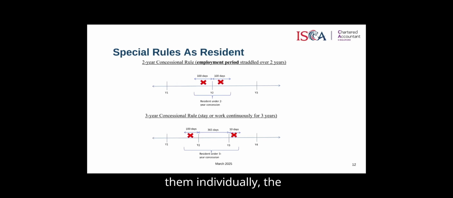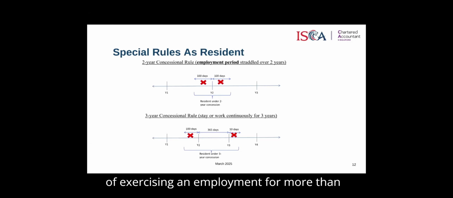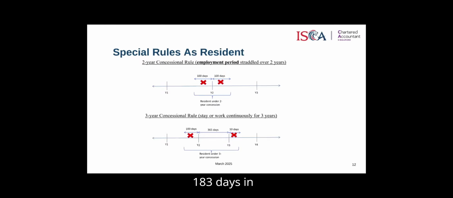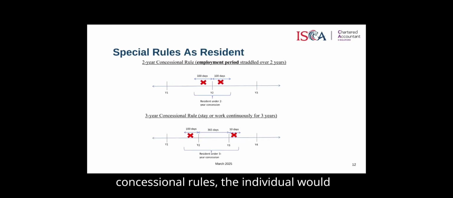If we view them individually, the individual should be considered a non-resident for tax purposes, as he or she has not met the criteria of exercising an employment for more than 183 days in Singapore during the respective YA. However, if we apply the 2-year concessional rule, the individual would be considered a tax resident for both YAs, as if you add up the total number of days, it will be 100 and 100, 200, exceeding the 183 days requirement.